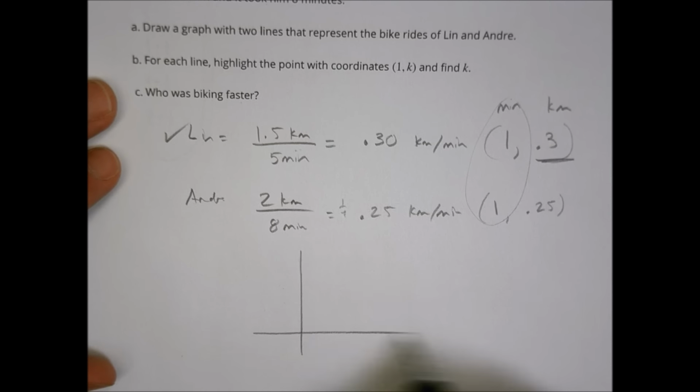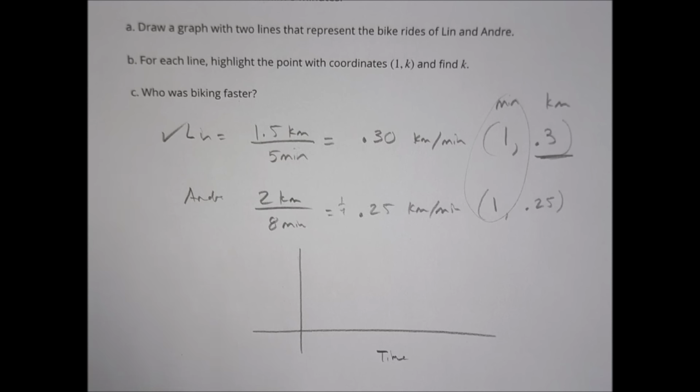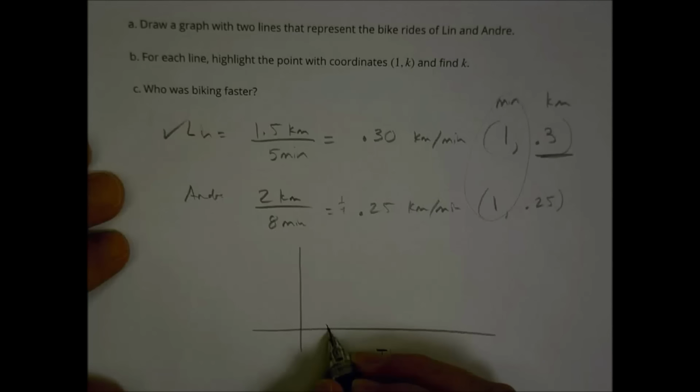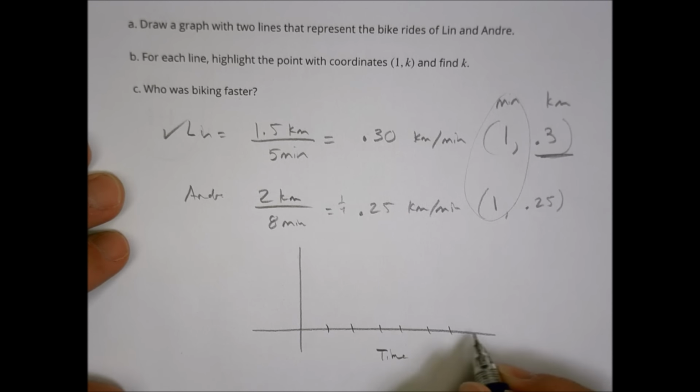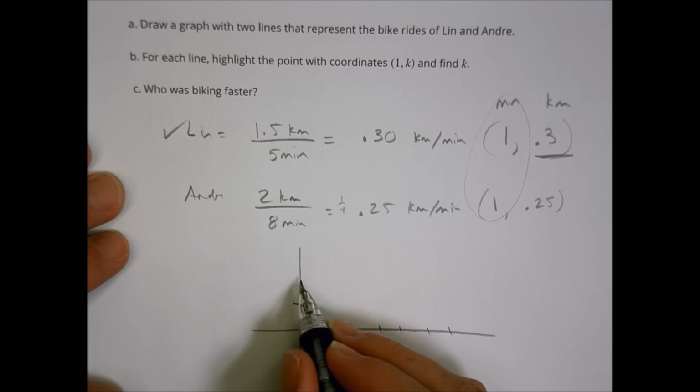So to draw a graph with our 2 lines, we could have our time on the bottom, or we can do it the other way with the distance. So we can say time, and we can have 1, 2, 3, 4, 5, 6, and over here we can have our distance at 1 and 2.